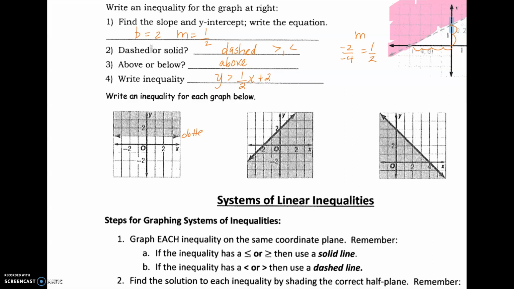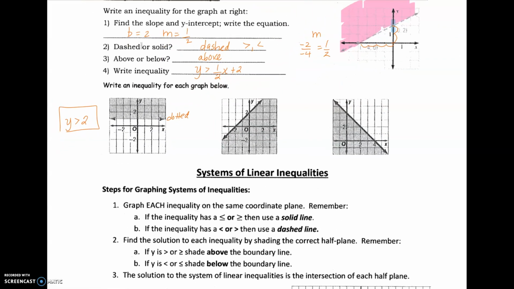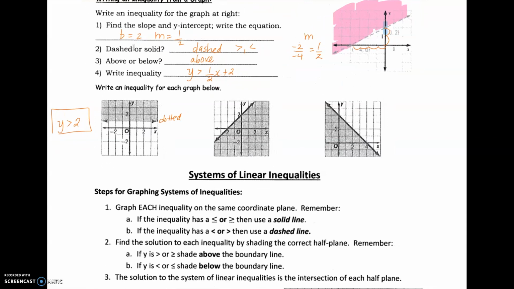It's really hard to tell, but I can tell in the second 2 examples that those are definitely solid. So we're going to go with this dotted. And it's going through at y equals 2, right? But we see the shading is above, so that's going to be greater. And so we have y is greater than 2. And that's your inequality.